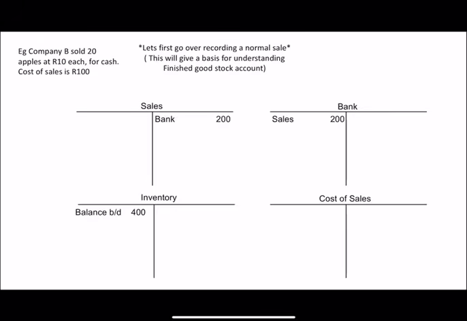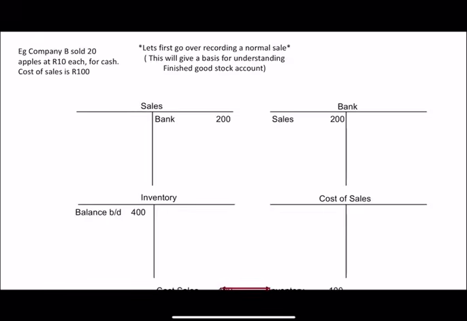And then it goes further to say for cash, and then cost of sales is 100 Rand. So what we know is we have inventory of 400 that costs 400 Rand, but now we're selling it. And therefore, if we're selling those apples, we are decreasing how much inventory we have by 100 Rand, and our cost of sales increases by 100 Rand.